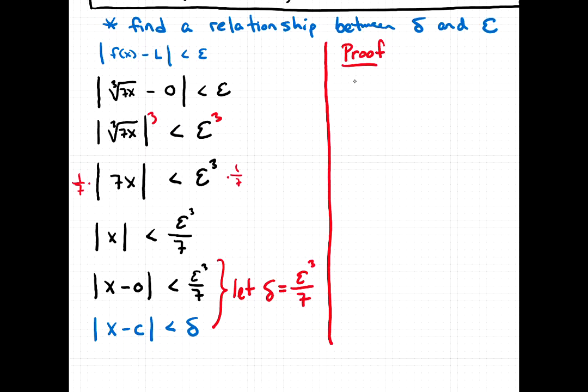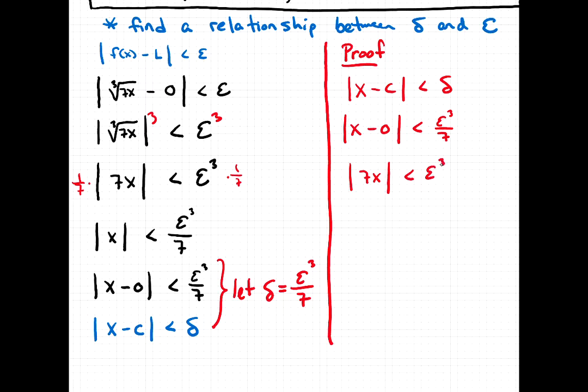So the proof will be: the absolute value of x minus c is less than delta, or x minus 0 is less than epsilon cubed over 7. Now I'm just reversing the steps. Or the absolute value of 7x, if we multiply both sides by 7, is less than epsilon cubed.